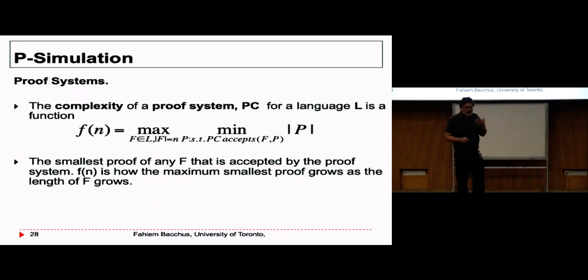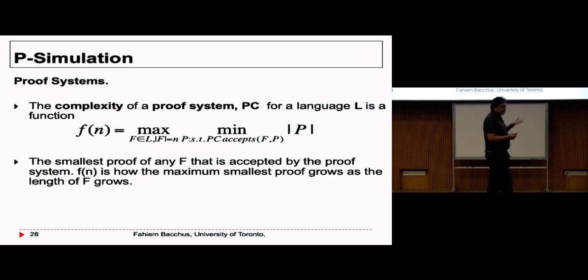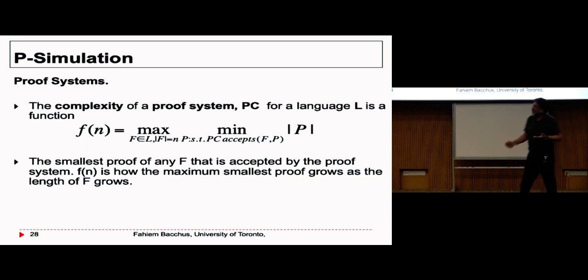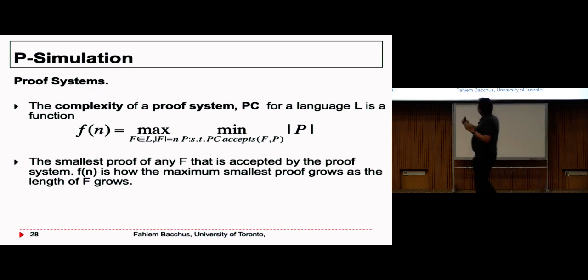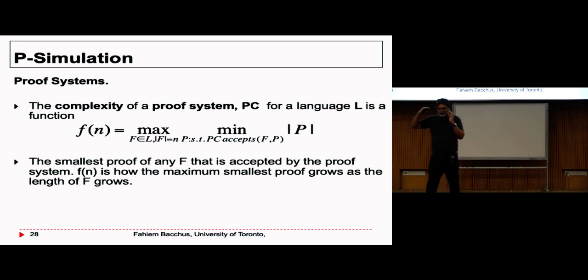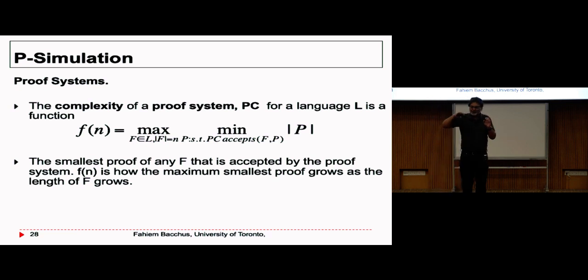Okay? And now, once you have this definition, you can say what the complexity of a proof system is. You take a look at all strings in your language that have a fixed length n, and for each one of these you find the minimum length proof. Then you ask, what string has the maximum minimal length proof? Right?